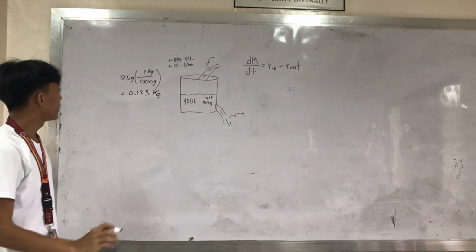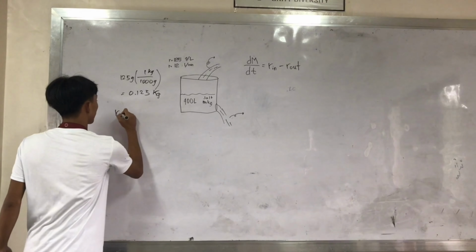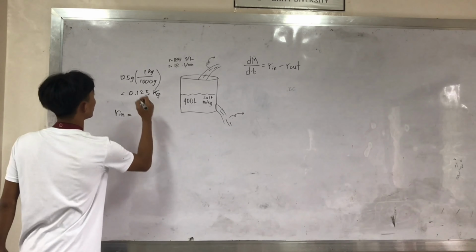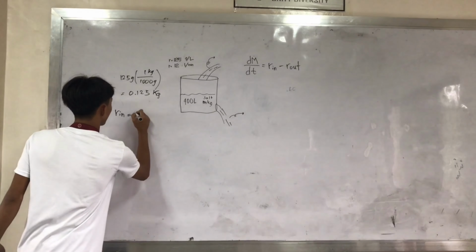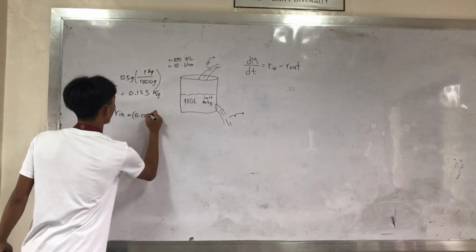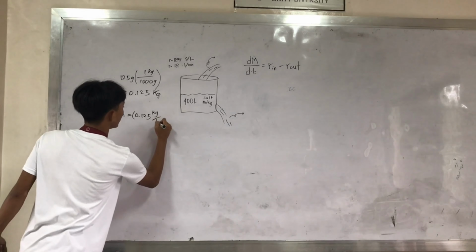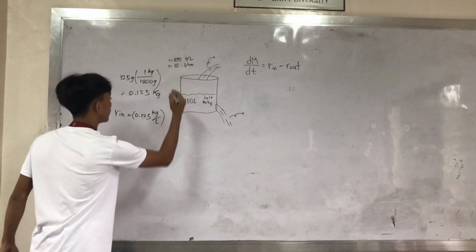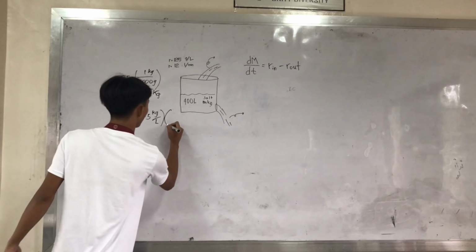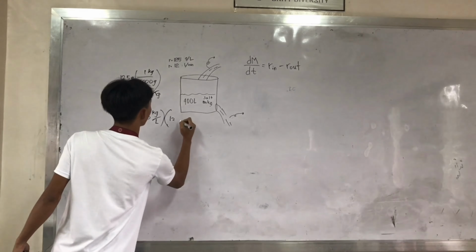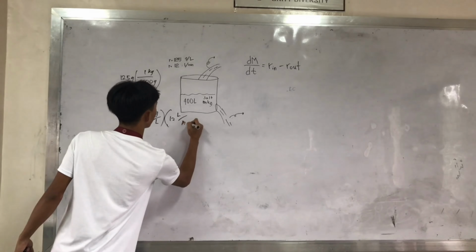Next, we need to find the Rin. The Rin is equal to 0.125 kilogram per liter times the rate, 12 liters per minute.